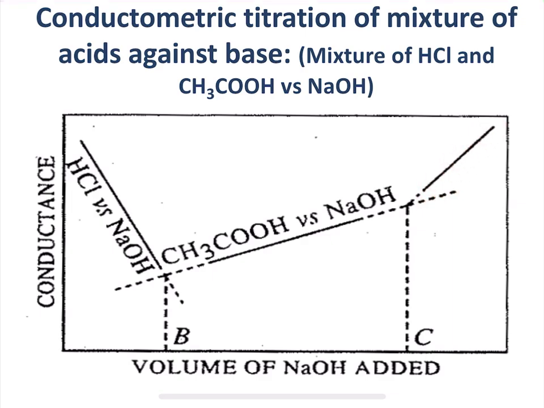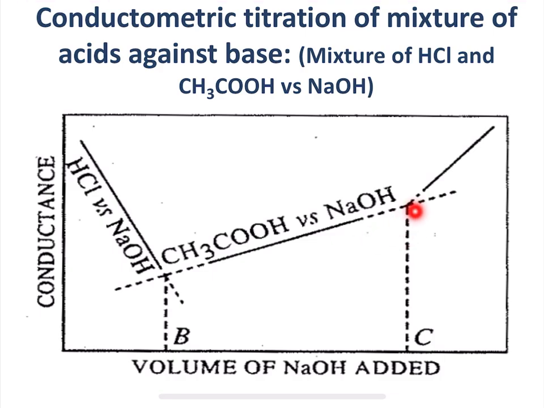So we get three straight lines and two points of intersection. The first point of intersection corresponds to the neutralization of hydrochloric acid, and the second corresponds to the neutralization of both the acids.